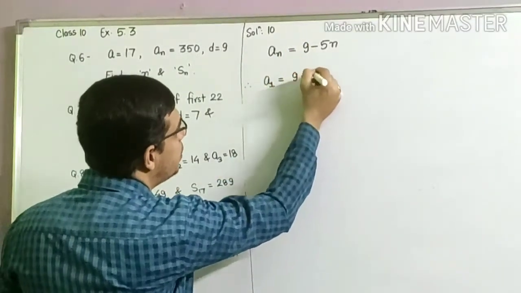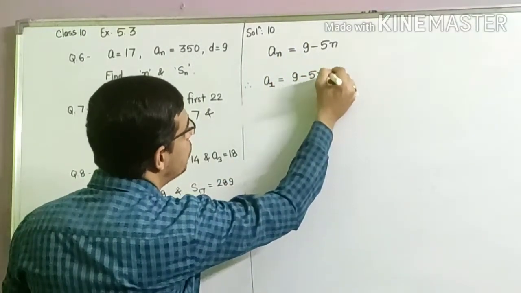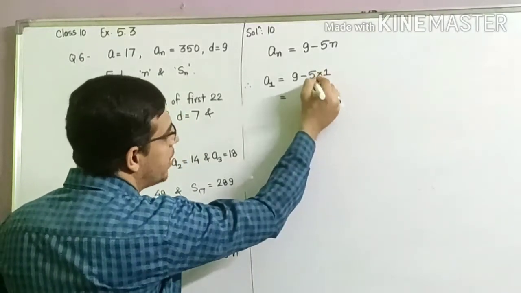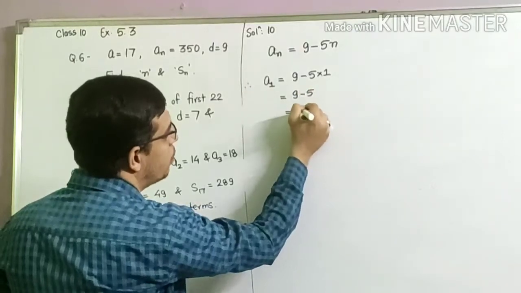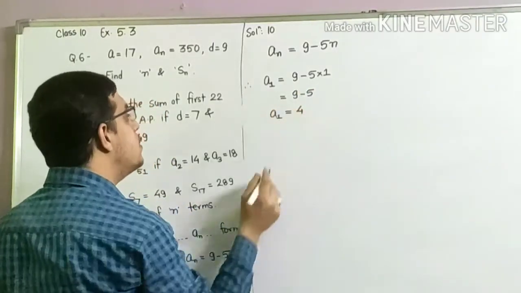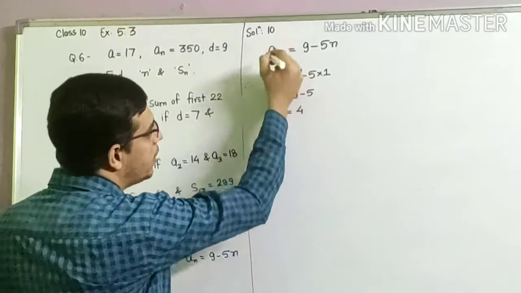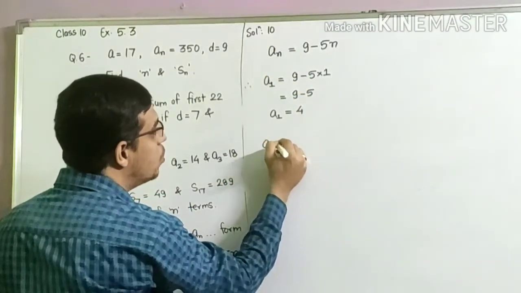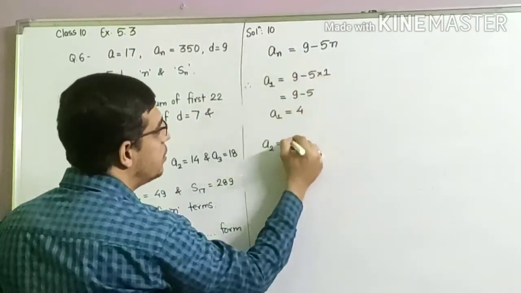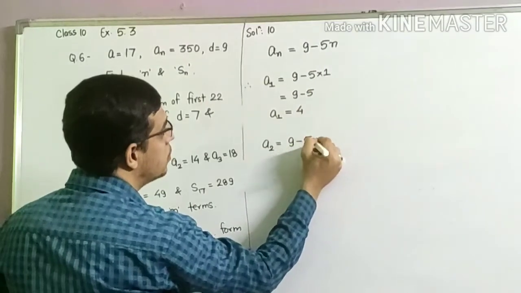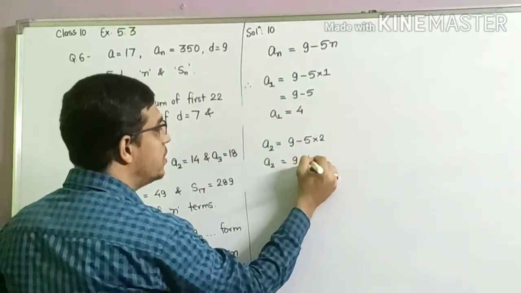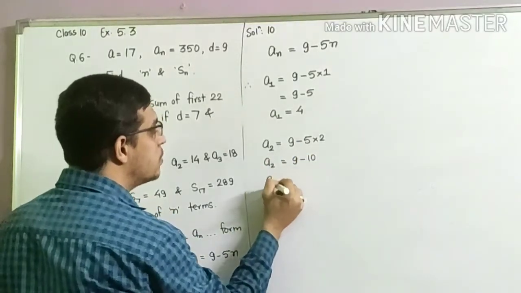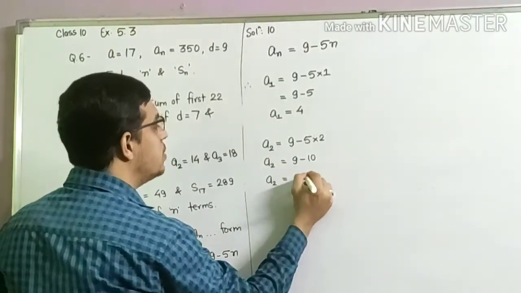So that will be 9 minus 5 into 1, that is 5. 9 minus 5, that is 4. So our first term is 4. Again if I write a2, the second term, then it will be 9 minus 5 into 2, that is 9 minus 10. So a2 is minus 1.